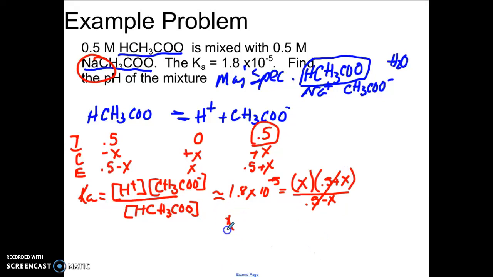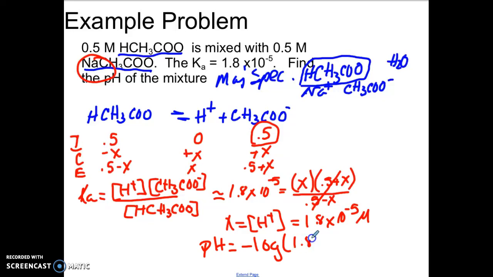So X is also equal to the hydrogen ion concentration, which would equal 1.8 times 10 to the negative 5 molarity. Then the pH would equal the negative log of 1.8 times 10 to the negative 5, so the pH is equal to, I believe, 4.74.